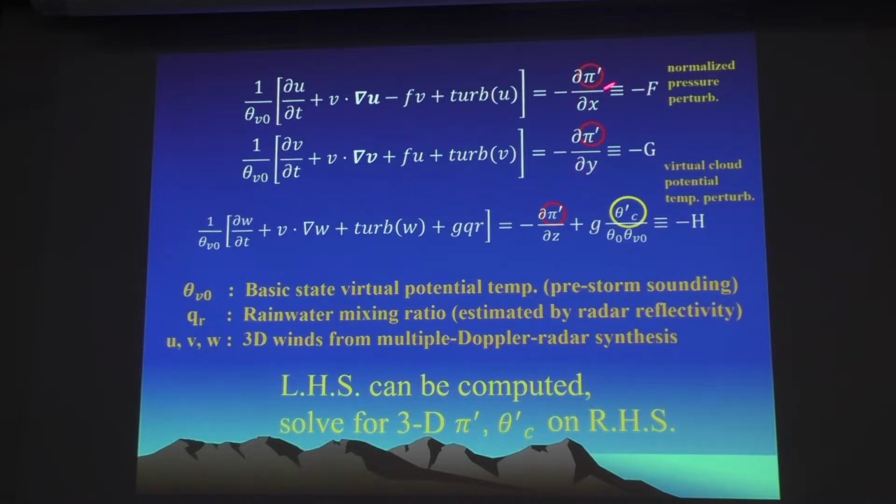So that means if you find a solution for pi prime, that will make this equation satisfied. If you add any constant to pi prime, the result will still be a solution. So that means the solution is not unique. So this problem will also make the solution of theta-vc prime non-unique. However, we still need a unique solution.